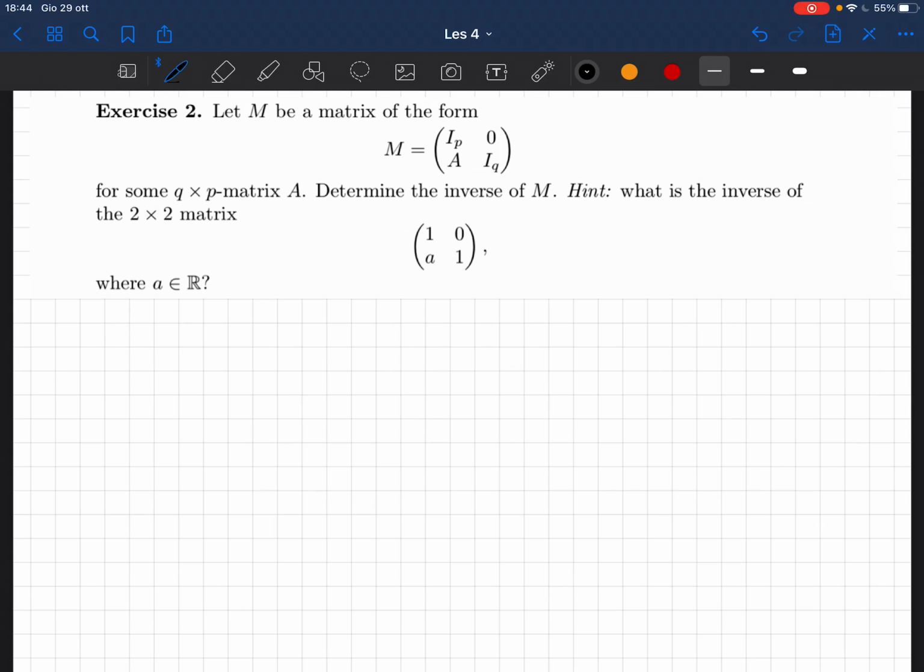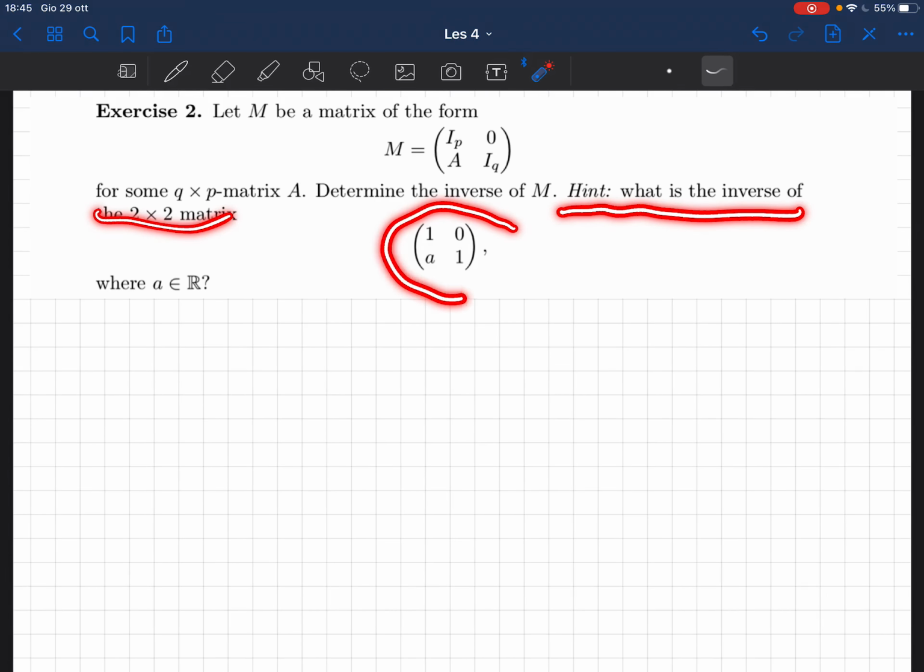So we have a matrix which is of this form, it's a block matrix. So you have a big identity matrix here, another big identity matrix here, and some matrix A here. And we would like to understand what is the inverse. So there is a hint, and the hint is as follows.